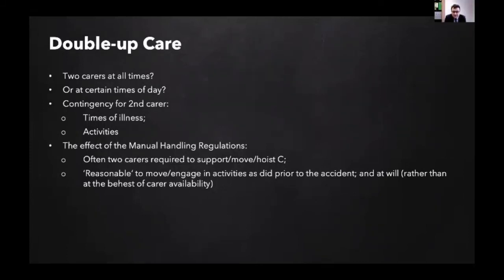This can be a really controversial part of the claim, because if a claimant is able to establish the need for two carers rather than one, that necessarily doubles the cost of care over that time period. The need for double up care will inevitably vary from client to client. I always think, when I've got my claimant hat on, that a good starting point is the manual handling regulations.